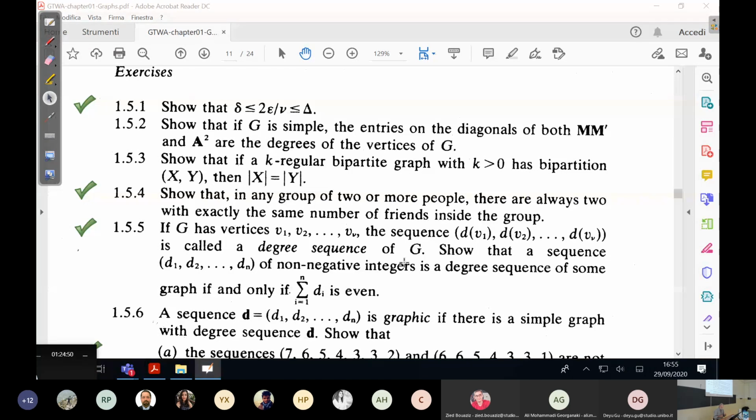But if there are at least two people with at least one friend, then take away the isolated vertices, vertices of degree 0. So now we restrict our attention to a graph where no vertex of degree 0 appears. Okay, now what are the possible degrees?